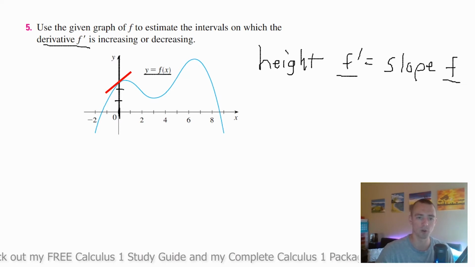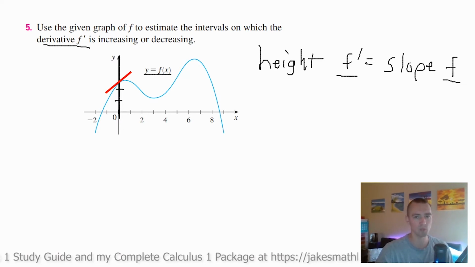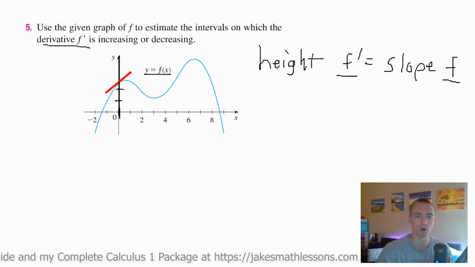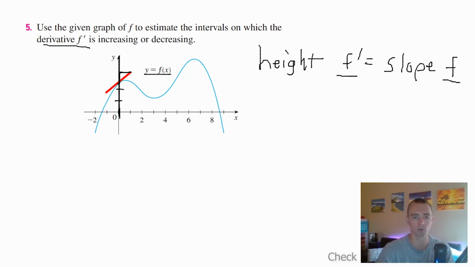So the slope of this red line basically means how many units you go up divided by how many units you go over. It looks like this line is about a 45-degree angle. In other words, you go up 1 unit and over 1 unit to get from one point to the next. So the slope of this line, or the slope of f when x equals 0, is 1. As a result, the point that lies on f prime at x equals 0 is going to be at a y value of 1.